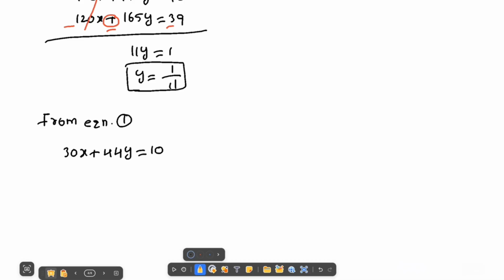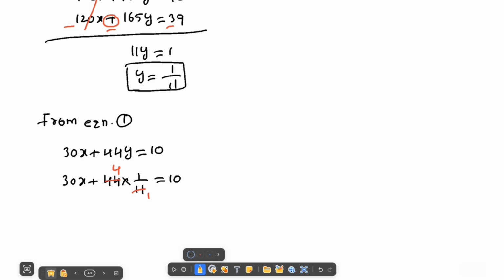So this is equation 1. Let's substitute the y value, 1 by 11. 30x plus 44 into 1 by 11 is equal to 10. Here cancellation is possible. 11 ones are 11, 11 fours are 44.